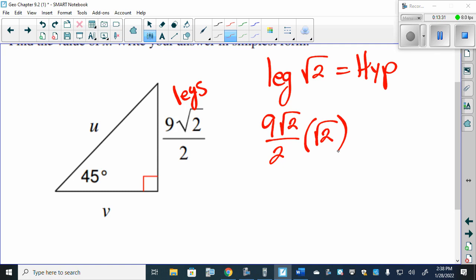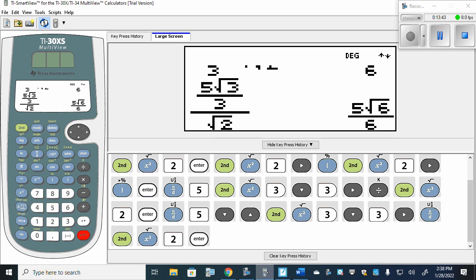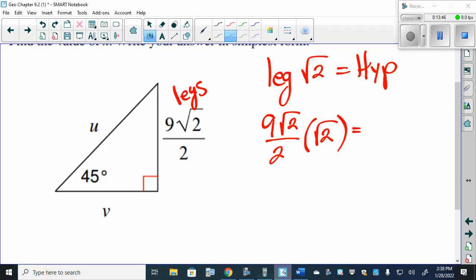Yeah, if we got the hypotenuse, we divide it by the square root of 2. And if we have the legs, we multiply by the square root of 2. Exactly. You'll get the hypotenuse.